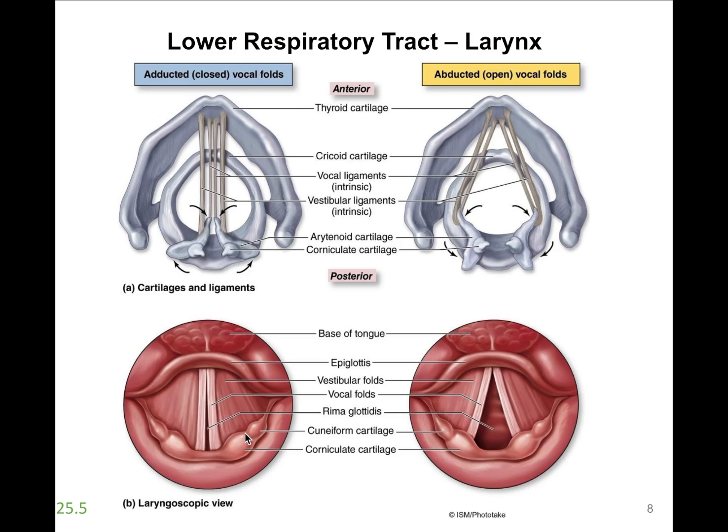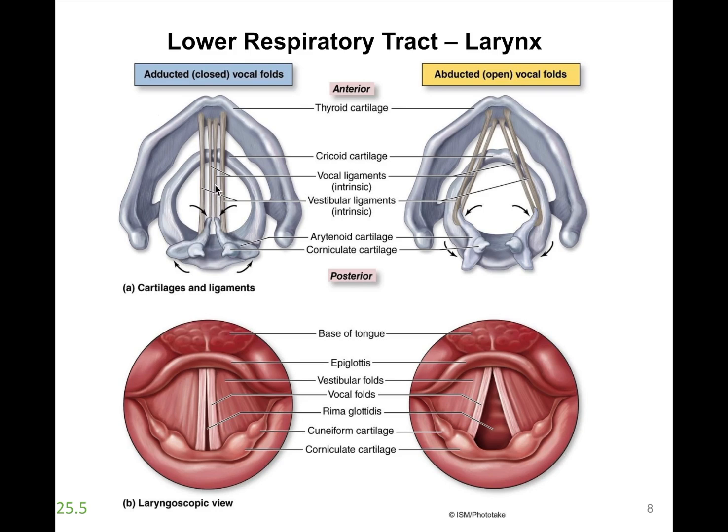So this is with all the soft tissue and the membranes and everything attached to those cartilages that we already talked about. So this is the laryngeal prominence right here. These are the arytenoid cartilages, and these little ones on top are the corniculate cartilages.